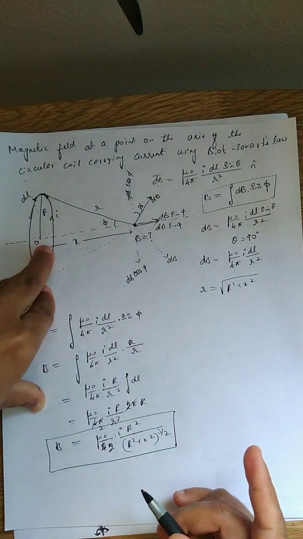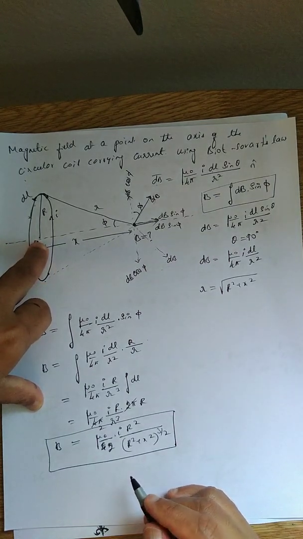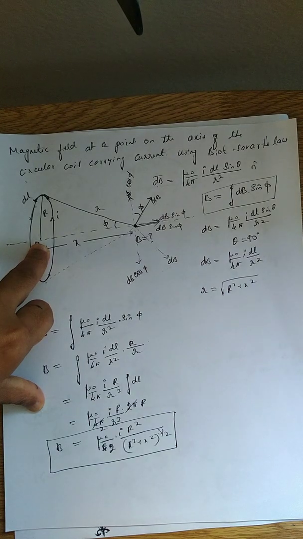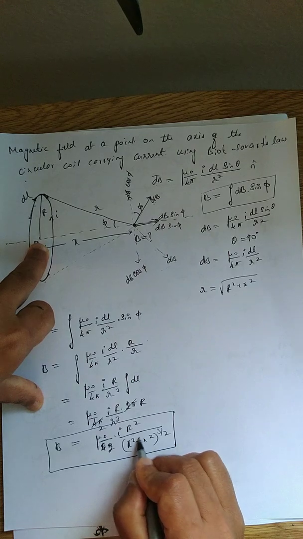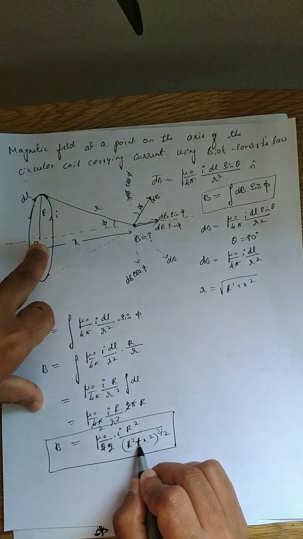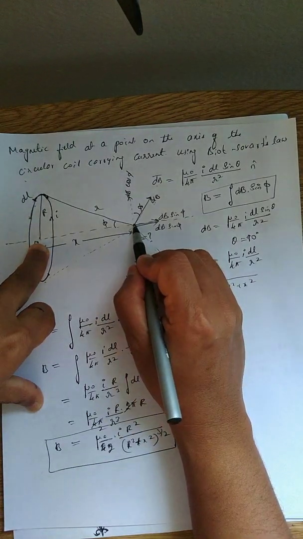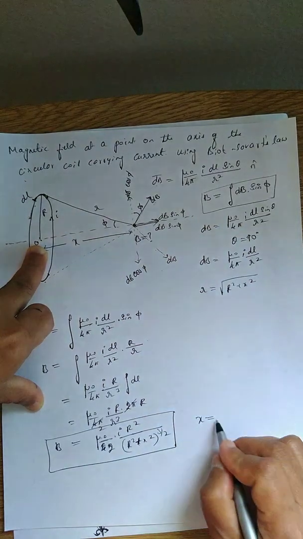Now if you want the magnetic field at the center of the coil, you can directly use Biot-Savart's law and integrate over the length. From this formula also you can get the same thing by considering that the distance of the point from the center is 0.